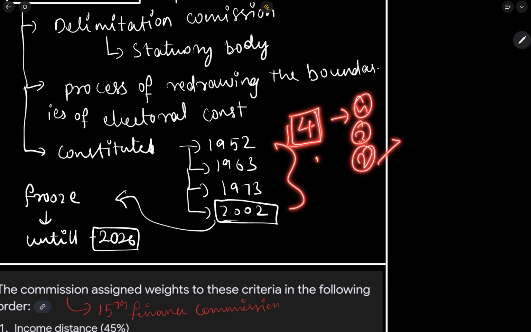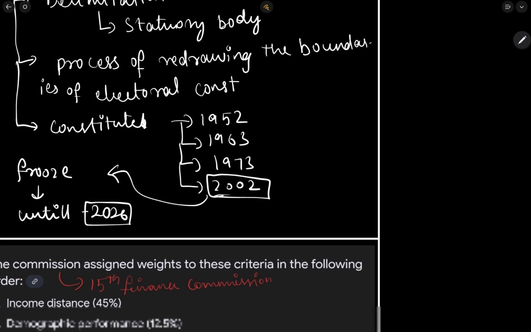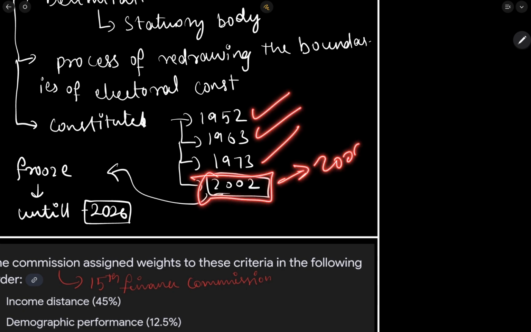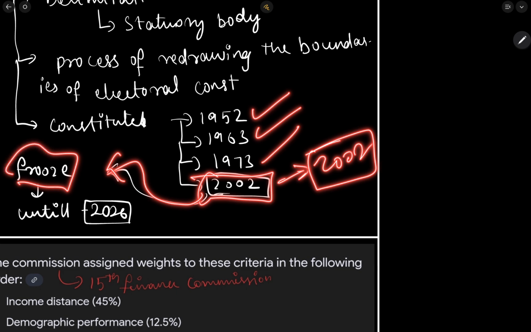Basically it has been constituted 4 times: in the years 1952, 1963 and 1973, and last in the year 2002. Also, in the year 2002 it was decided that the delimitation process should be stopped until 2026.